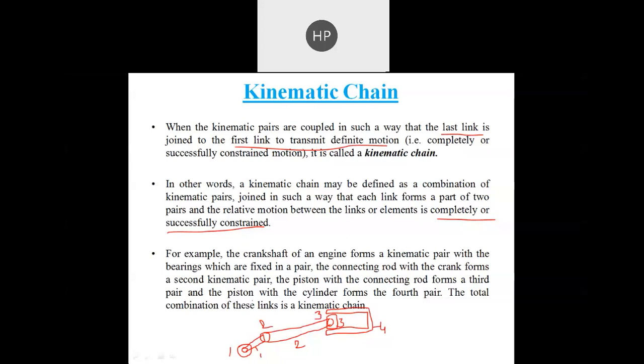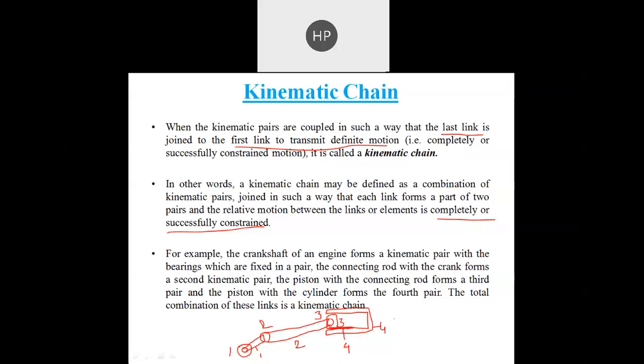And the piston with the cylinder: this piston is 3 and the cylinder is 4. Here it has a sliding motion, so this is the fourth pair. So the power which is transmitted from 1 goes to 4.